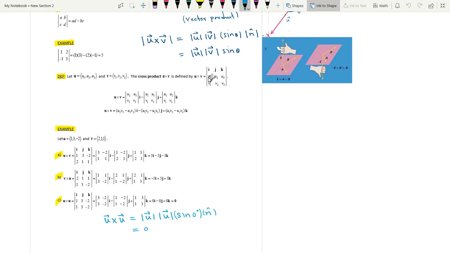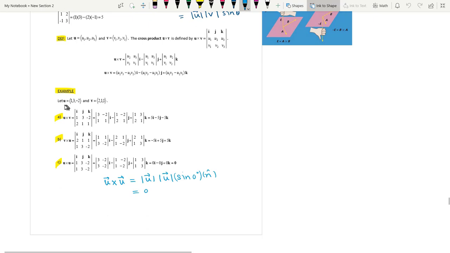So the remaining component is u1 u3 v1 v3. Finally consider k and ignore this column and this row. So the remaining component is u1 u2 v1 v2, and the sign will alternate like plus minus plus this way. Now if you simplify this, you will get this result.